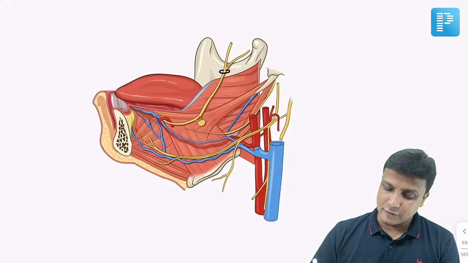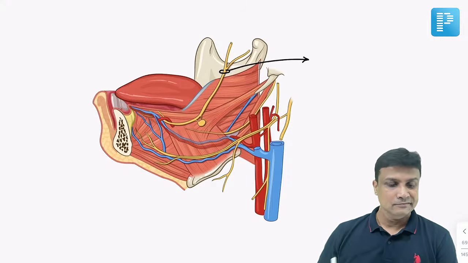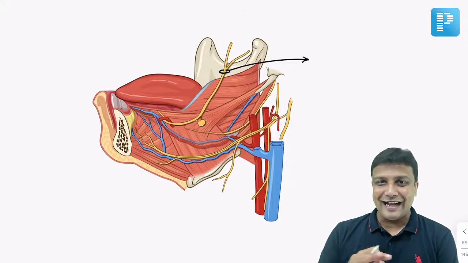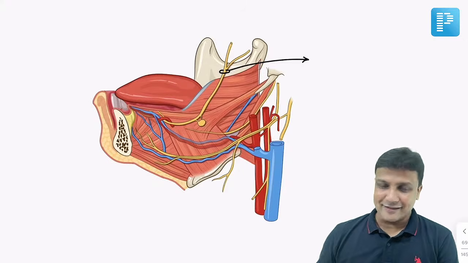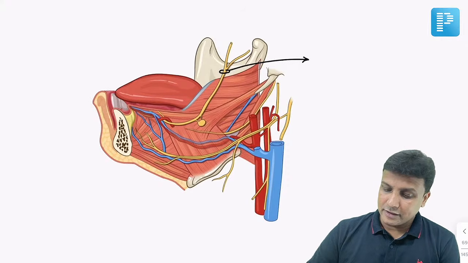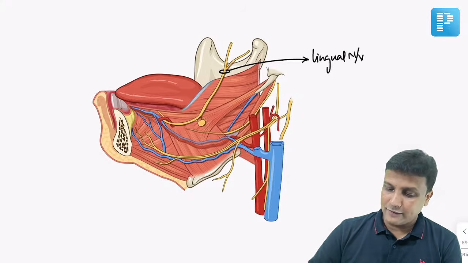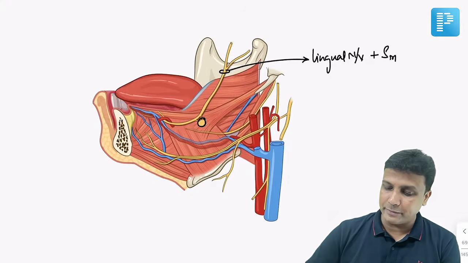What is this nerve over here? Let us try to see the real-time exam. I'm just marking here and you try to answer, guys. What is this nerve here? This nerve will be the lingual nerve. And this lingual nerve is passing through a ganglion here, and that ganglion will be the submandibular ganglion.